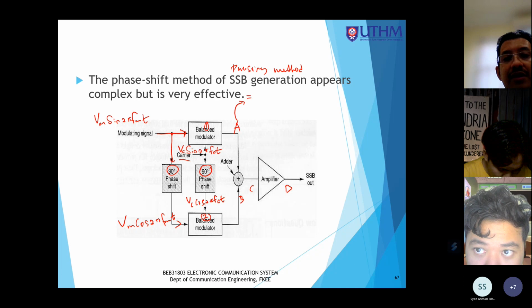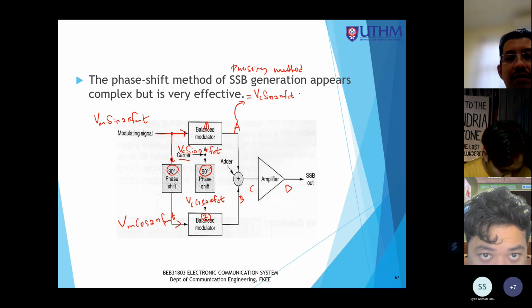Ini akan terhasil seperti ini. So VC sin 2 pi FCT multiplied with VM sin 2 pi FMT.